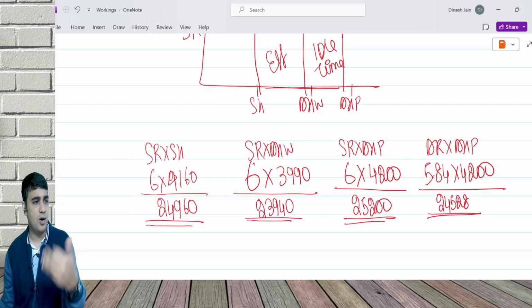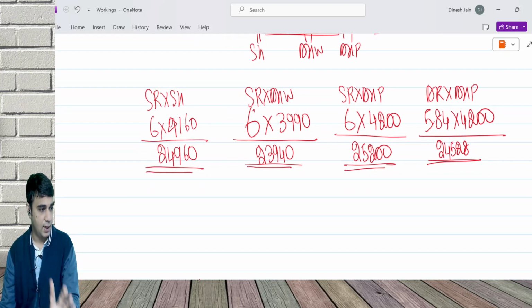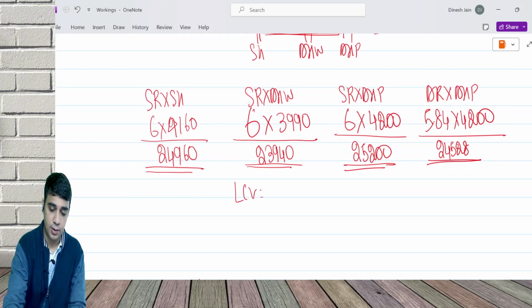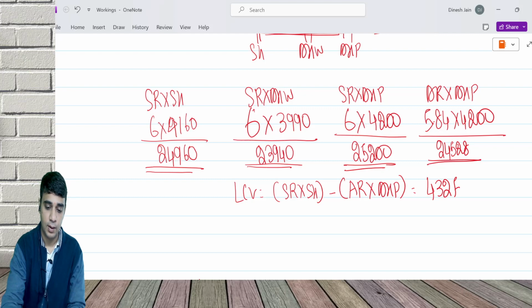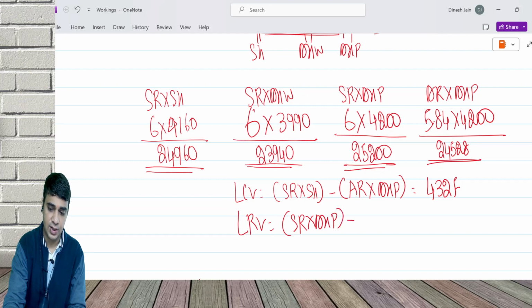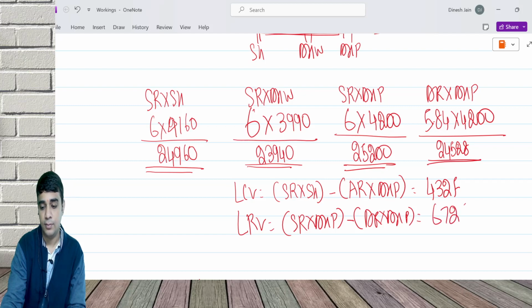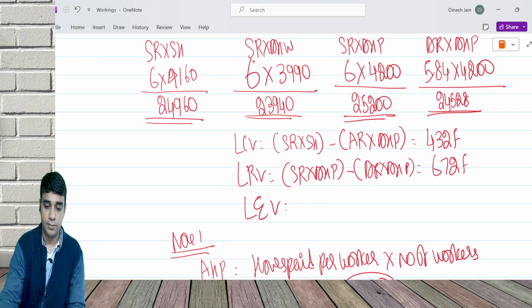It's a rework scenario, so a lot of numbers are copy pasted from that, but otherwise this is the calculation. Labor cost variance equal to SR into SH minus what? Guys, participate please. AR into AHP. Rate variance. You may not see changes in rate variance or cost variance answer. Efficiency will change now.